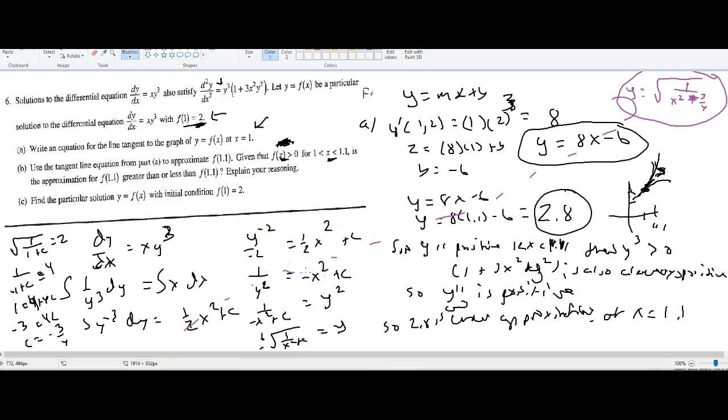Just checked the key and I got the wrong answer. Here's where I messed it up. Right here. So I went from -x squared to suddenly the negative is gone right there. There needs to be a negative there.